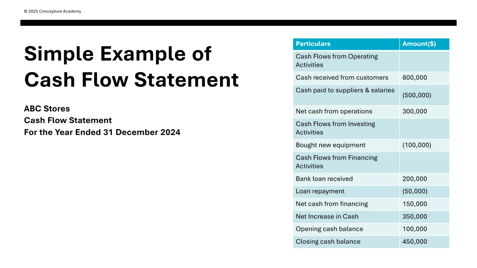So net $150,000 is from financing activities. So the total cash increase you are watching here is $350,000, and the end of the year cash in hand would be $450,000. So that is going to be the closing cash balance that will go in the balance sheet.